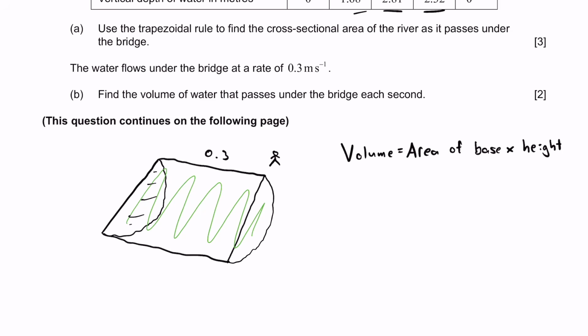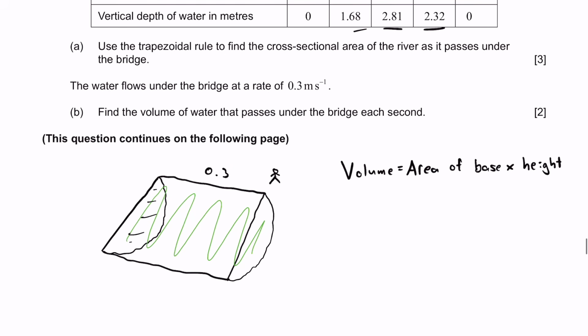So we can also write this as cross-sectional area times extension. In this case, we know that the cross-sectional area is 12.9 meters squared, and its extension is 0.3 meters. So 12.9 times 0.3. This is the amount of water that flows past this given point at any given time.